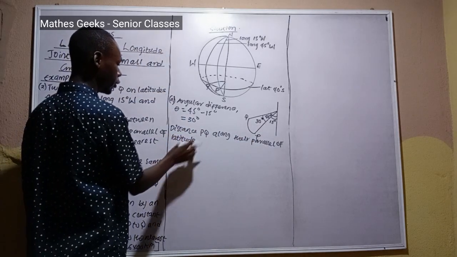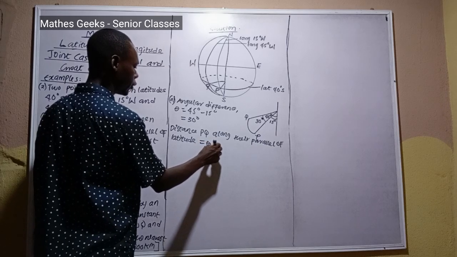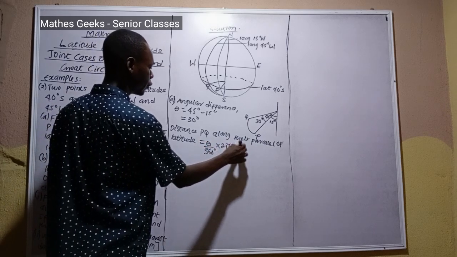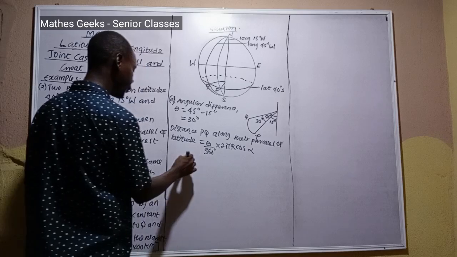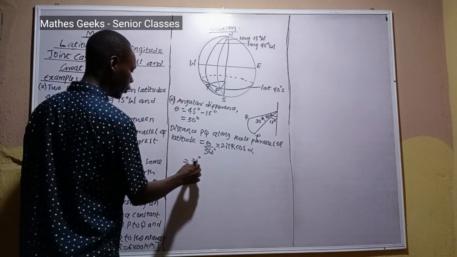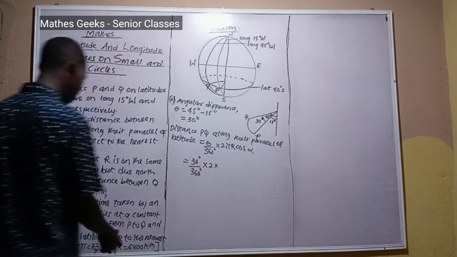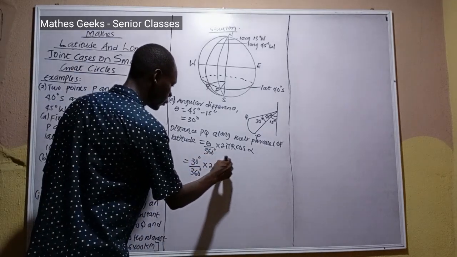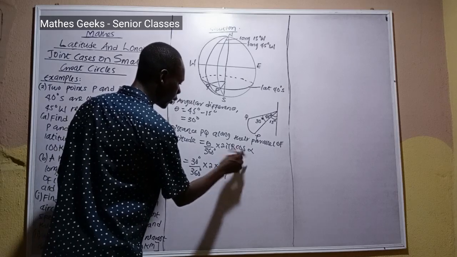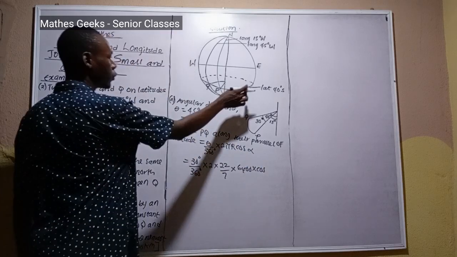As PQ is on a small circle, it is theta over 360 degrees times 2 pi r cos alpha. Theta is equal to 30 degrees, so 30 over 360 degrees times 2 times pi, which is 22/7, and r is 6,400 times cos alpha.